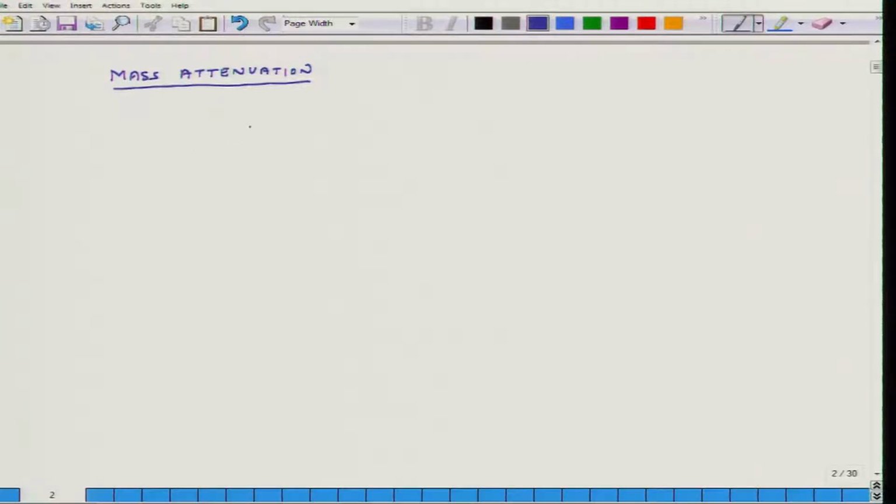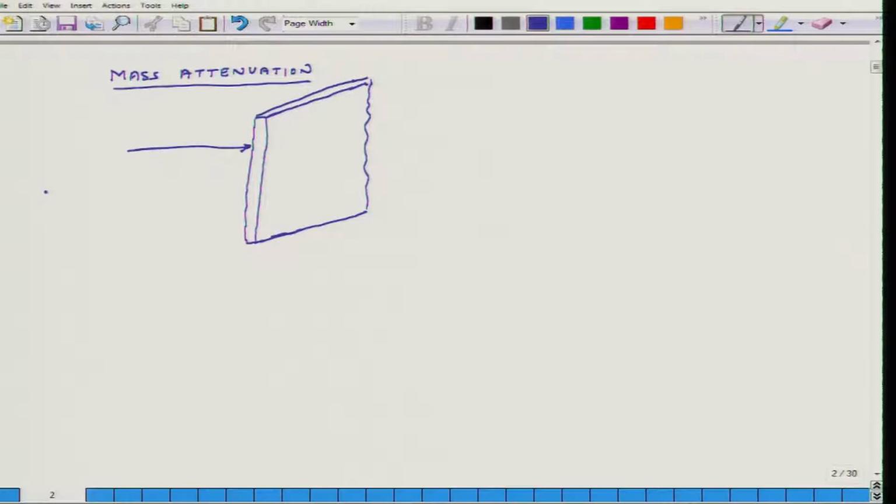So what do we do? Let's say this is a partition, and this partition is infinitely long. So it's a very wide partition.